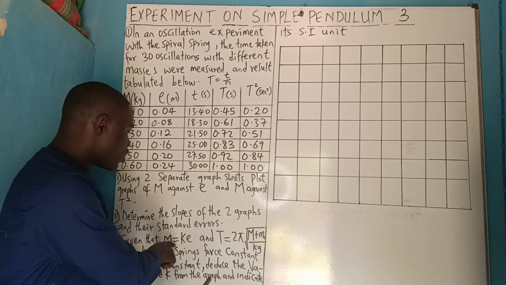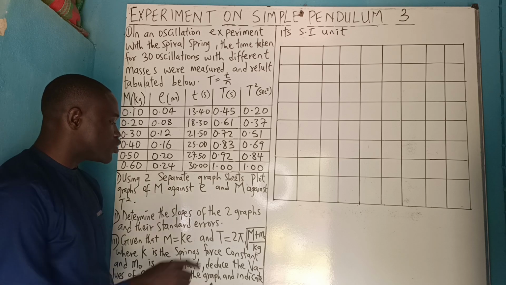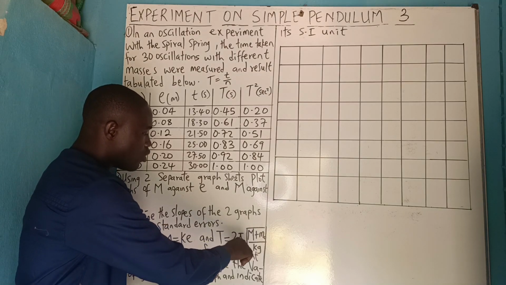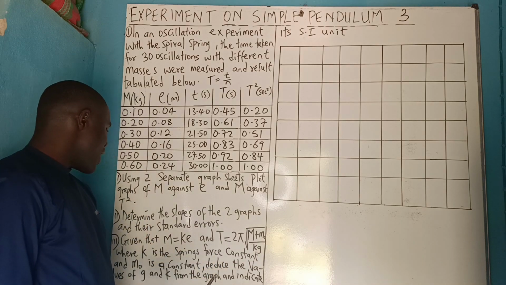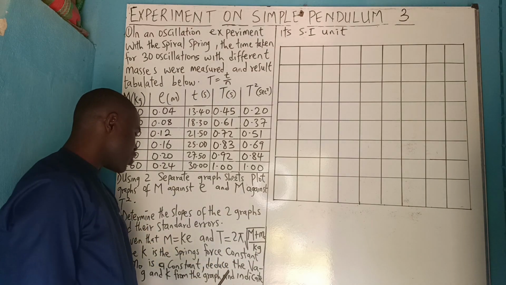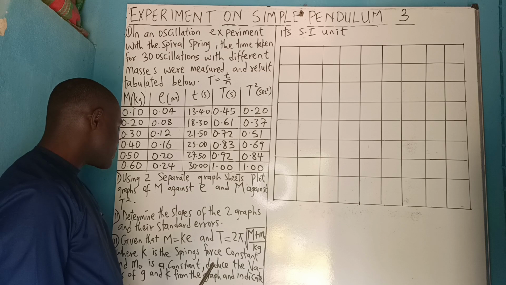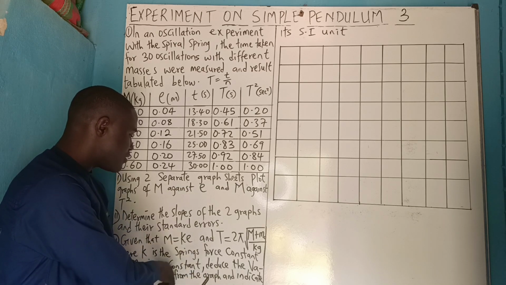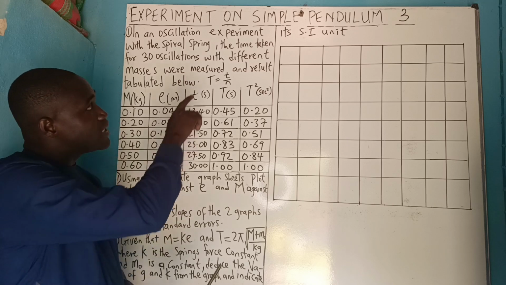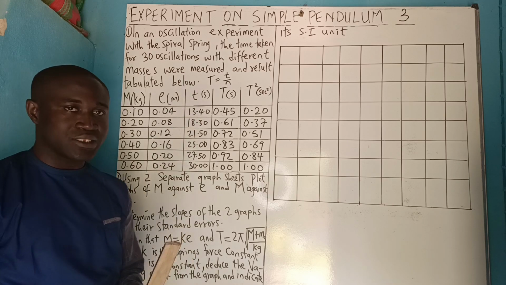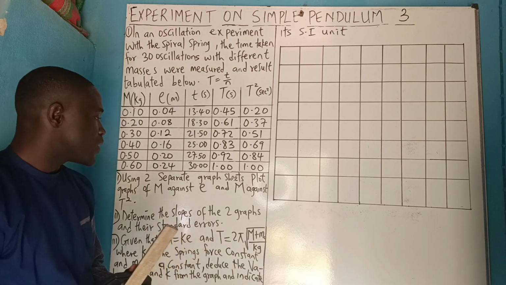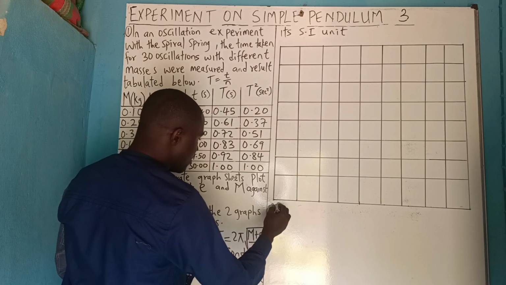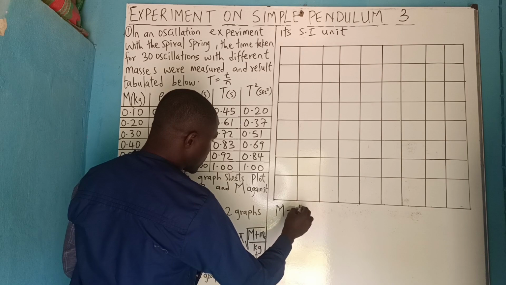Given that m equals ke and T equals 2 pi square root of (m plus m0) over kg, where k is the spring's force constant and m0 is a constant, deduce the values of g and k from the graph and indicate their SI units. This is just the instruction.